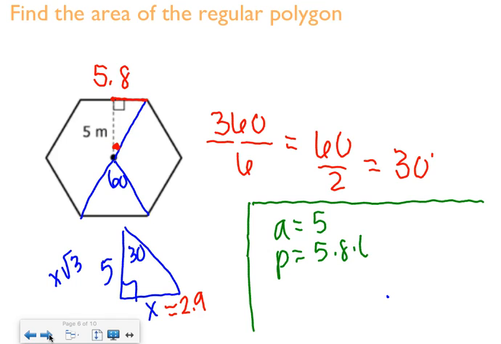5.8 times 6 is what, guys? 34.8. I'll plug into our formula.